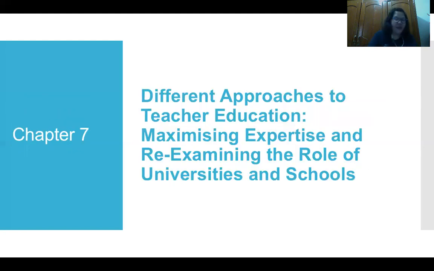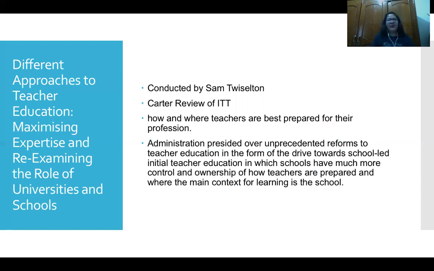Moving to chapter 7, which is titled Different Approaches to Teacher Education, Maximizing Expertise and Re-examining the Role of Universities and Schools. This chapter was written by Sam Twiselton, who was a member of the Carter Review of ITT, or Initial Teacher Training, which focused on the problem of how and where teachers are best prepared for their professions.